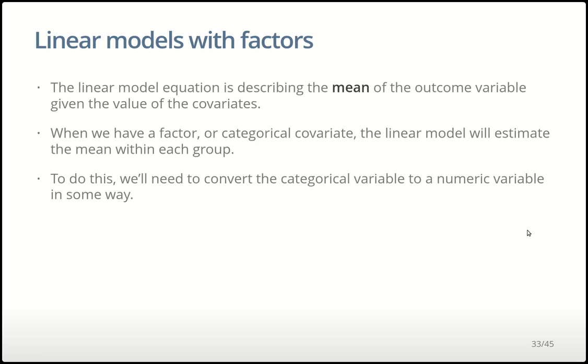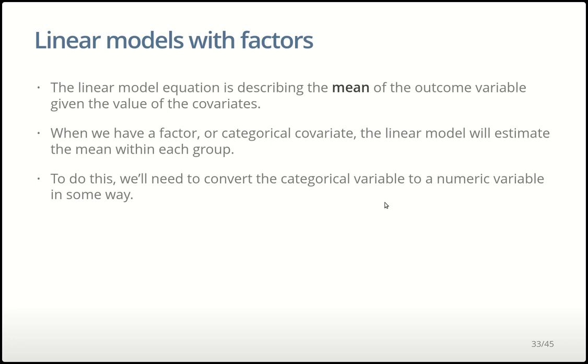So for a continuous variable like heart girth, you're using a straight line relationship for that, right? So you're allowing the body weight to increase or decrease at a constant rate as you vary the heart girth. With a factor or categorical variable, instead the values of that are just which group you're in, but with a linear model, we'd still be modelling the average. So what we'd be doing is modelling the average in each group.